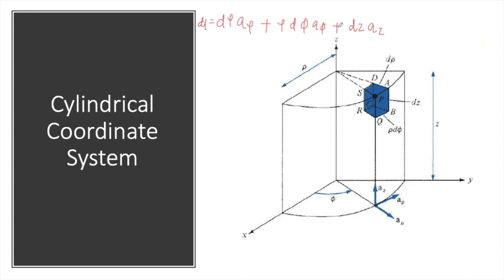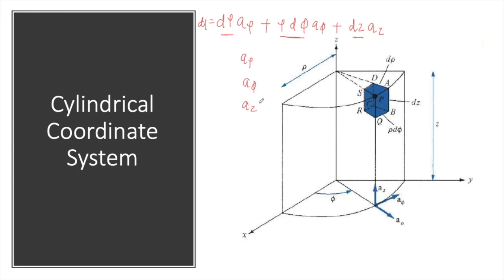Now we will talk about the surfaces. As I said, first we need to identify the three displacements, and then based on that we will find out the ds. Drawing the analogy from the ds of the Cartesian coordinate system, the normal vectors obviously will be a rho, then a phi, and then az.